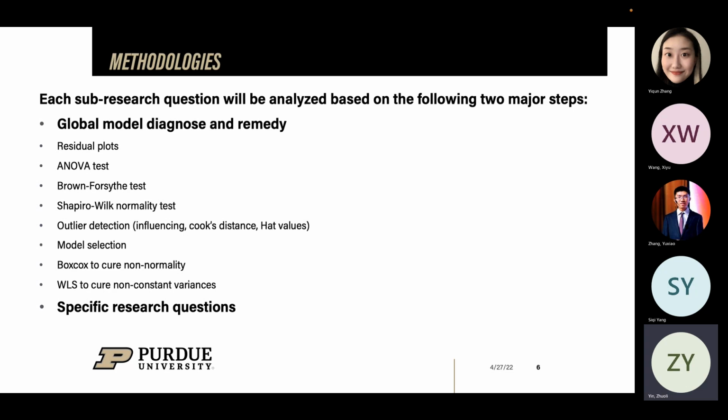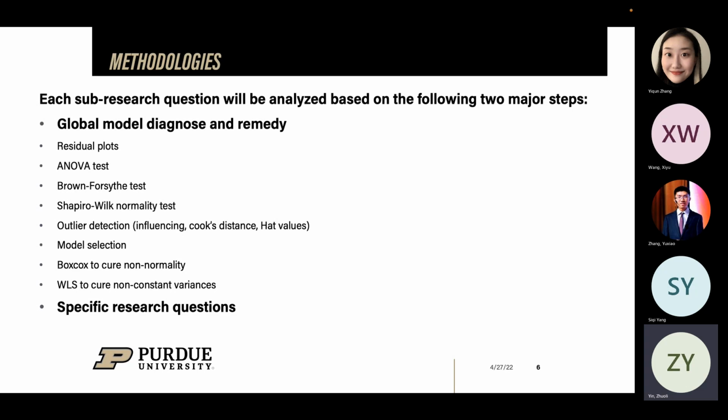In order to answer those questions, for each sub-research question, we analyze them based on two major steps. First, we conduct the global model diagnosis and remedy for each sub-research question, and then we have a specific research question analysis. For the global one, we will analyze the residual plots, ANOVA test, Brown-Forsythe test, Shapiro-Wilk normality test, and outlier detection.